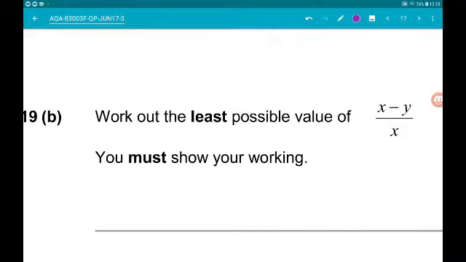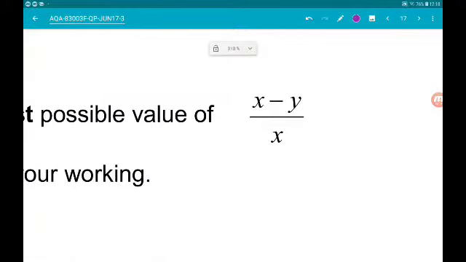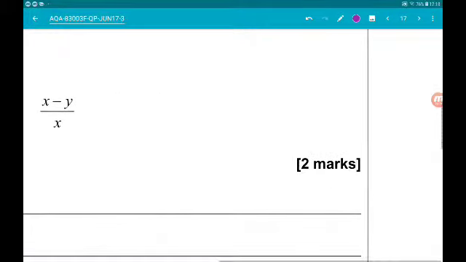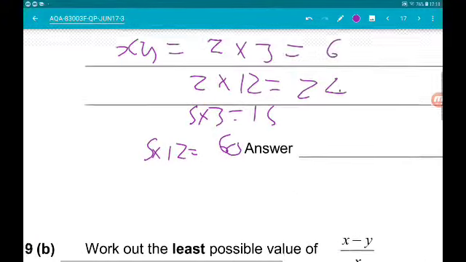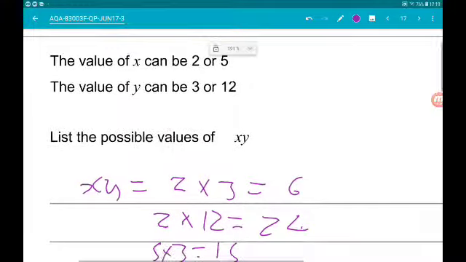Work out the least possible value of (x minus y) over x. Okay. How many marks? 2. Okay. So, we could trial and error this, but for the fraction to be as small as possible, we would want the top to be as small as possible.